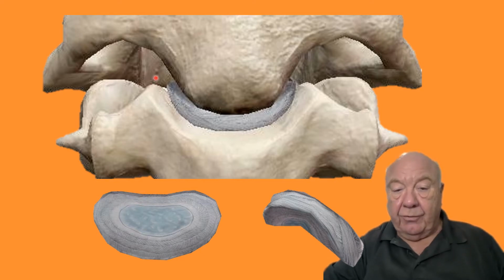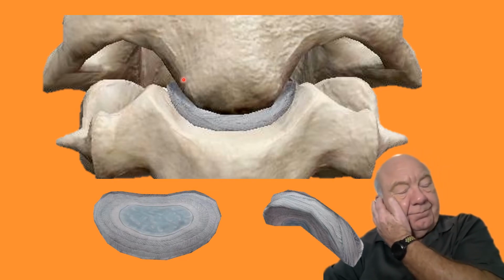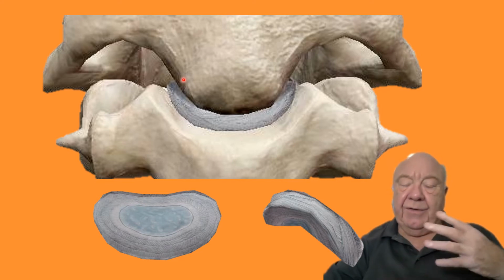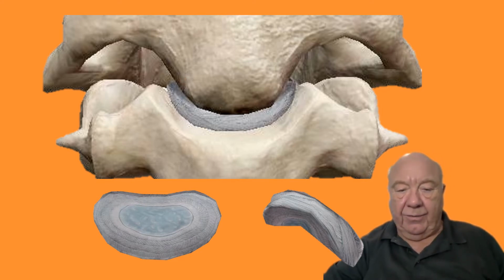There's the uncinate process sitting like so, and it articulates with a facet that forms there. And there's the disc. So the disc is actually the separator between the two vertebral bodies, and as the joints develop, the disc starts to break down, and what you see is a fissure that forms like so on each side.